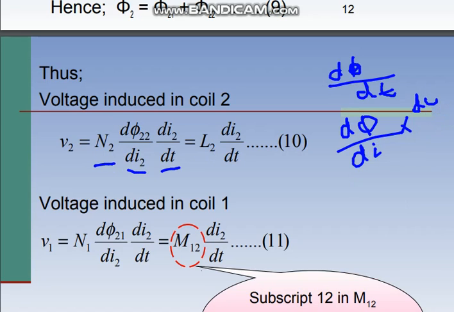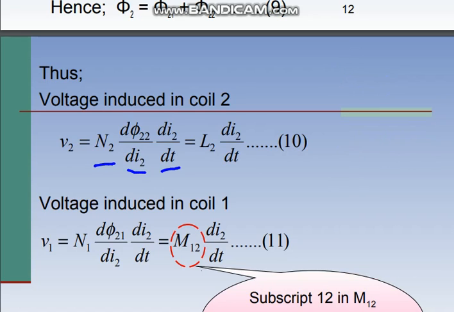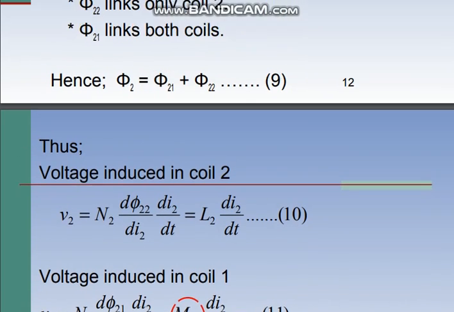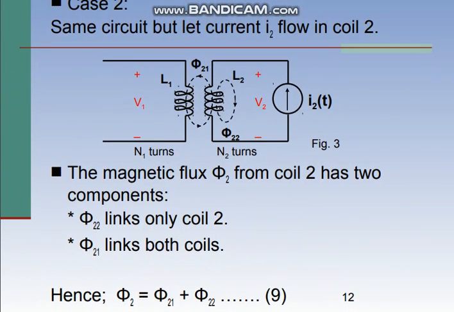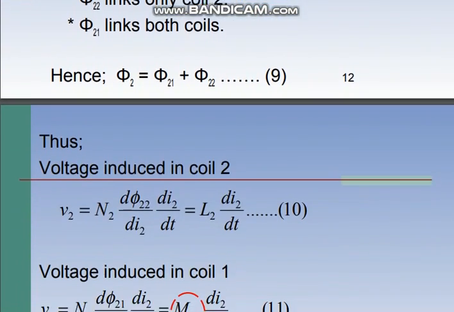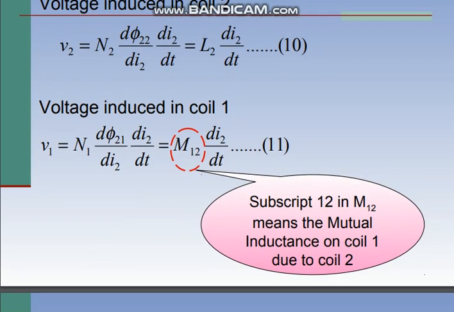So now the voltage induced in coil 1: here you can see in coil 1 there is no current source. There is a current source here, but not in coil 1, but the mutual flux has been created due to coil 2. So we can write that as M12.